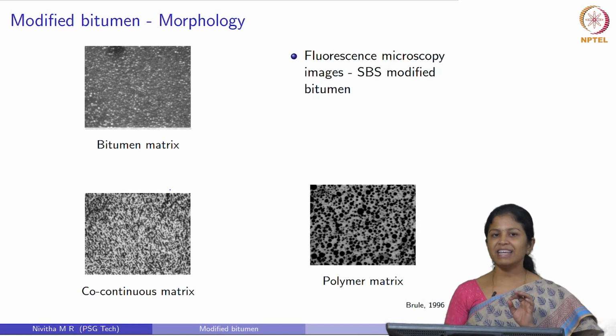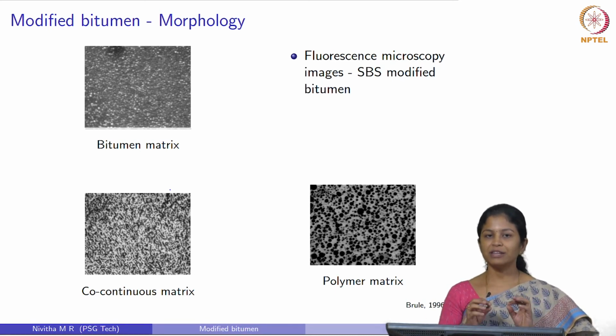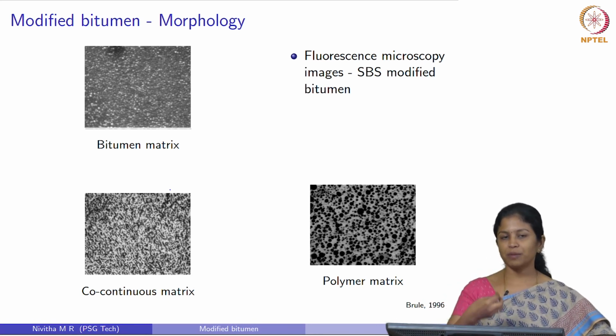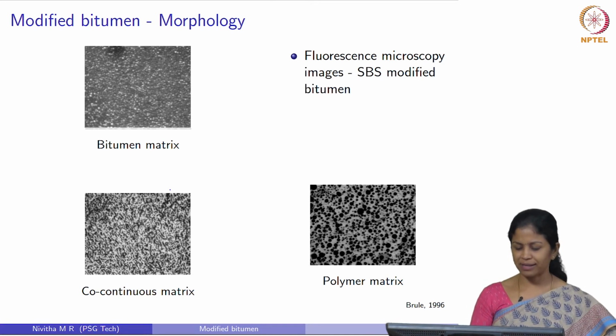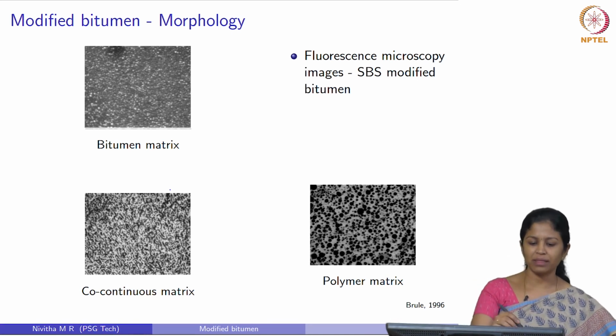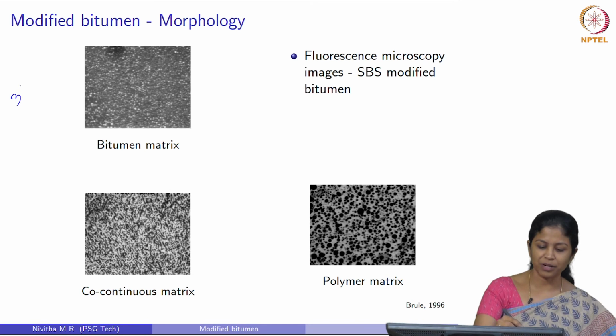Now, let us see the morphology which shows the distribution of the modifier in bitumen. This is a study by Brule where they have shown the distribution of SBS in bitumen at different concentrations. Let us take the first case where we have a bitumen matrix. This roughly happens when the concentration of SBS is between 3 to 4%.